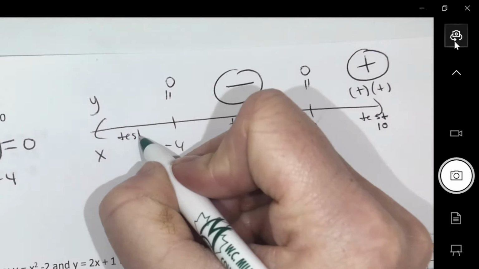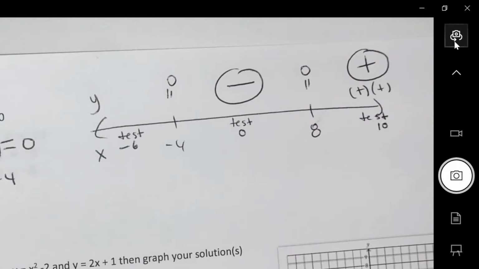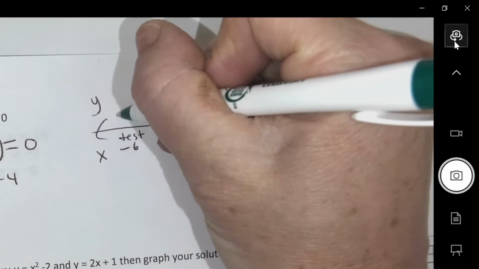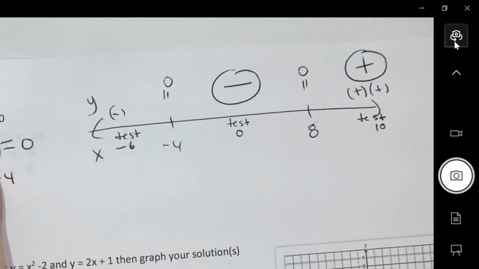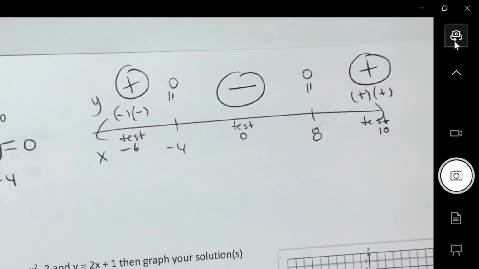And I'm going to test -6 in this zone. So negative 6 minus 8, negative. Negative 6 plus 4, negative, which makes it positive.